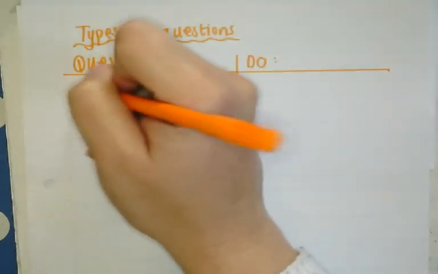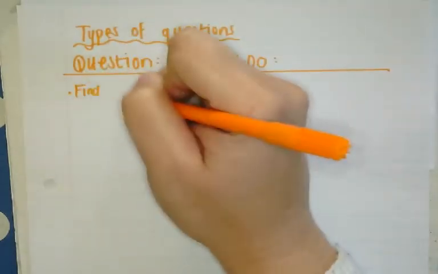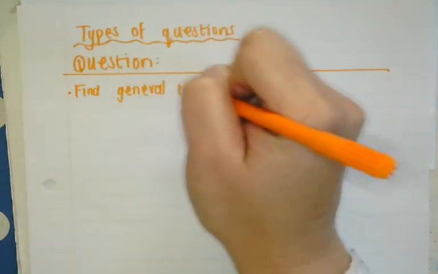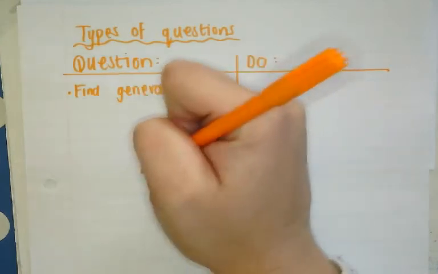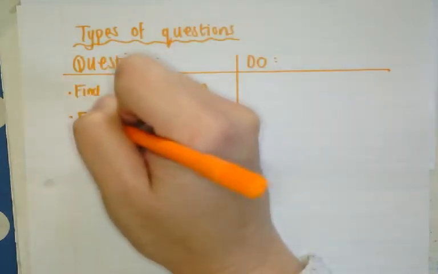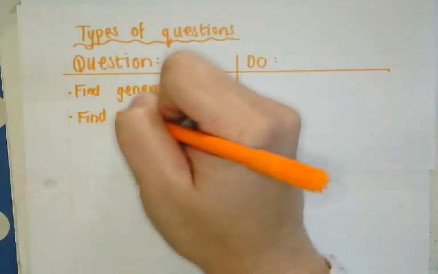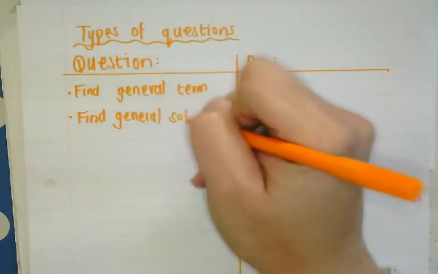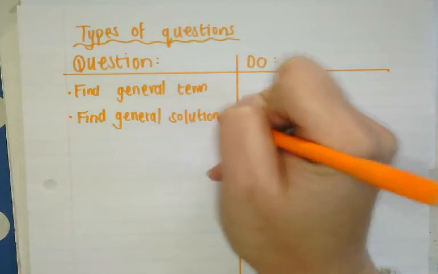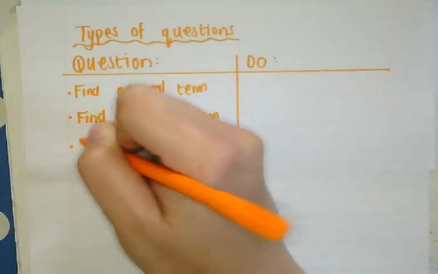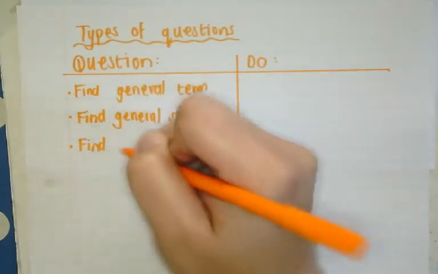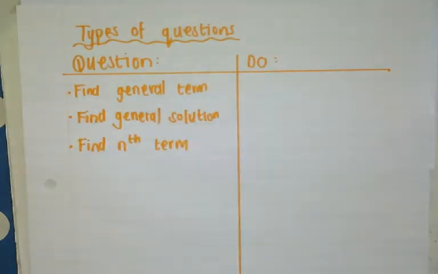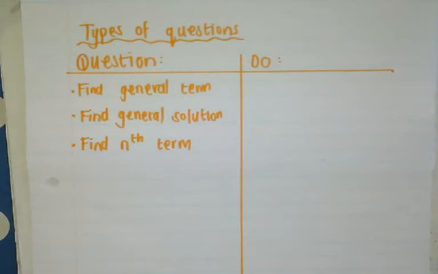So I could say find the general term, or I could say find the general solution, or I could say find the nth term, which means if I don't actually have a value for n, I just use n itself.